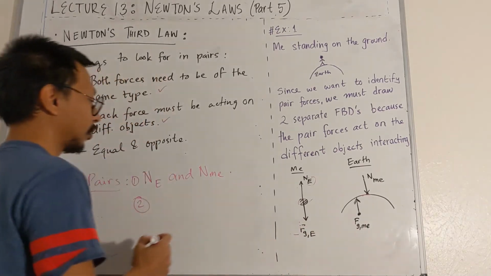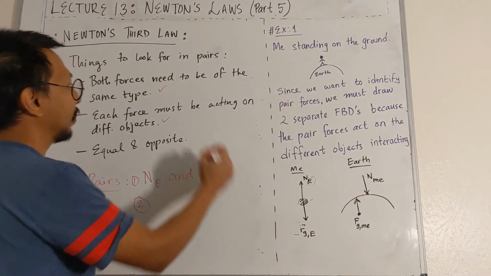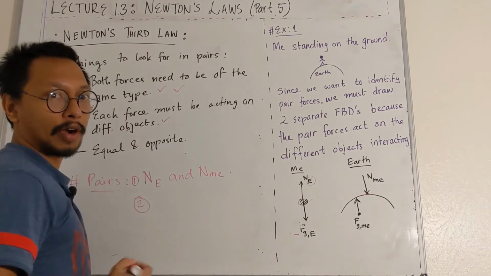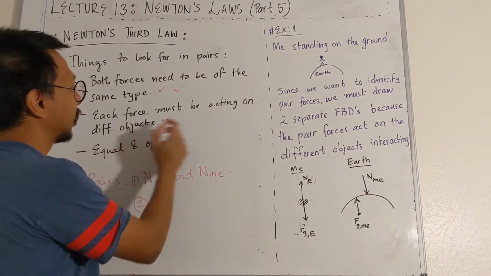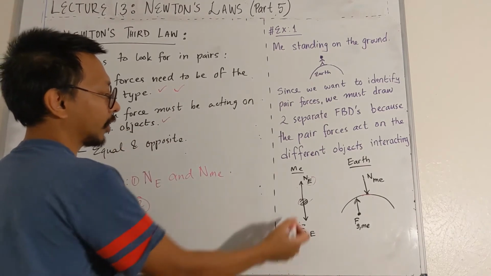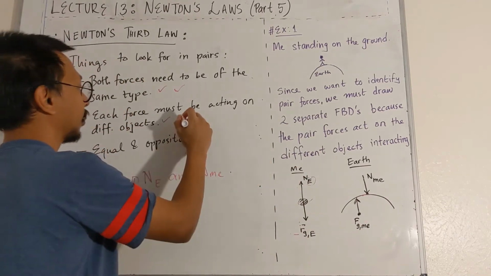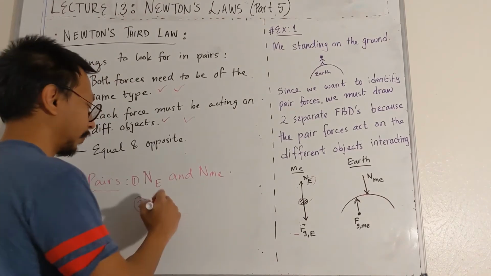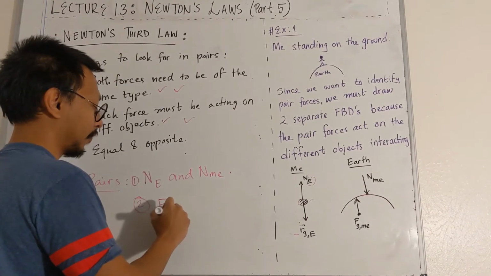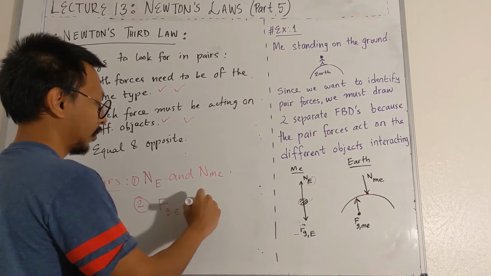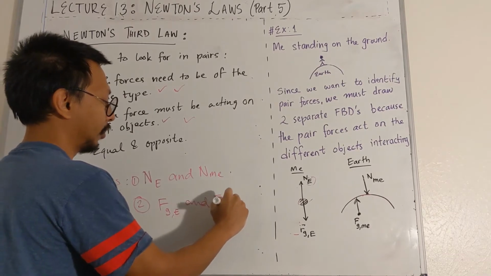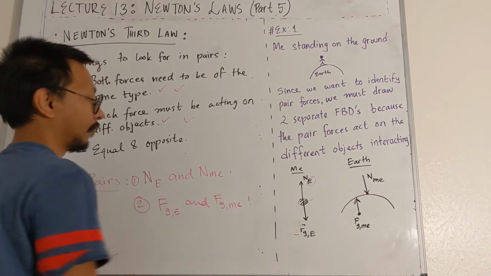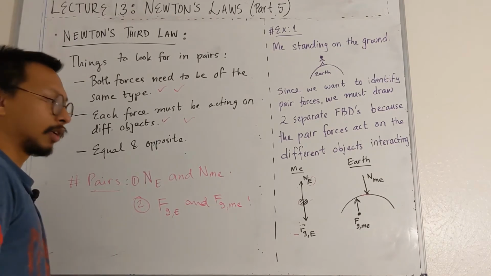So these two are pair forces because they are of the same type. They are both gravitational forces. They are both acting on different objects. One is acting on me, the other is acting on Earth, and of course they are both equal and opposite. So F_G by E on me and F_G by me on E.